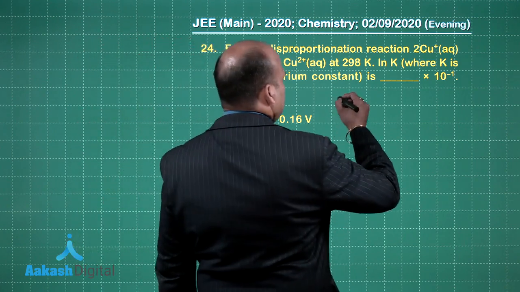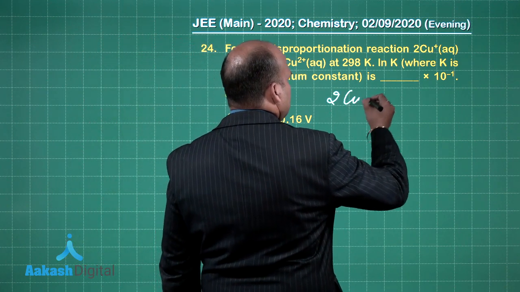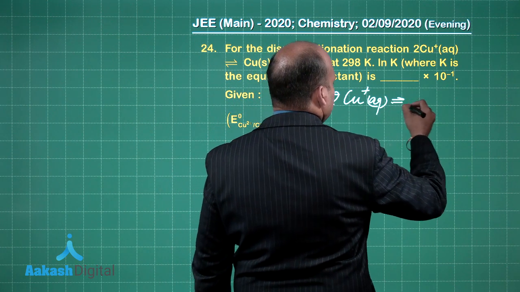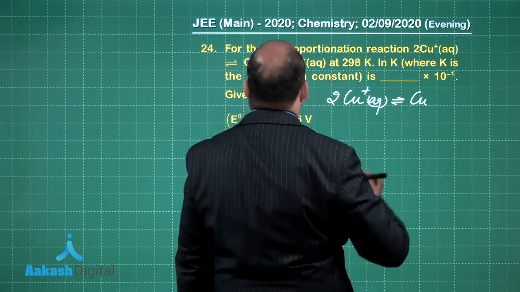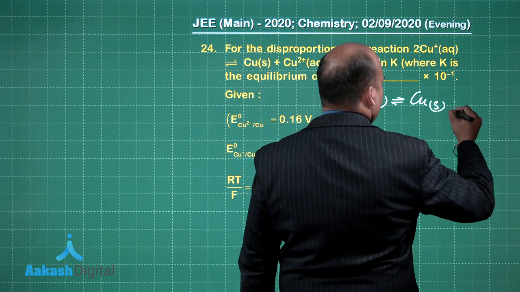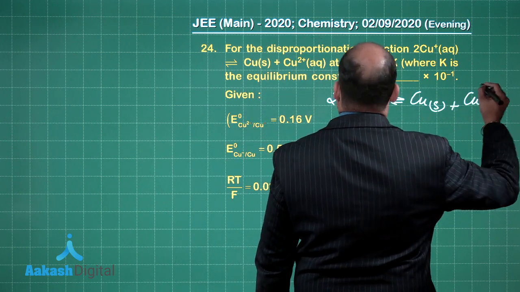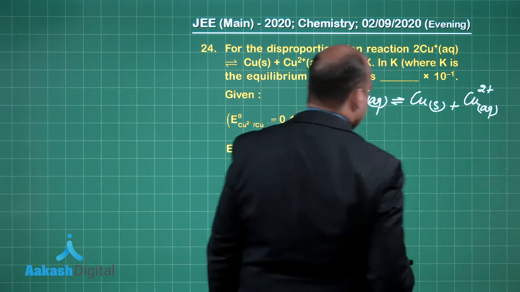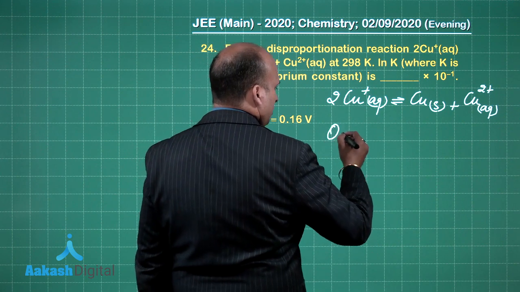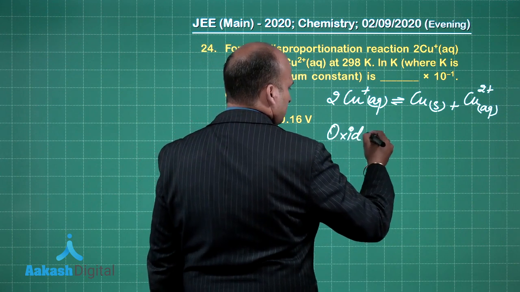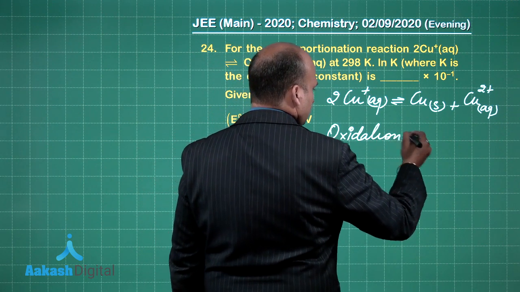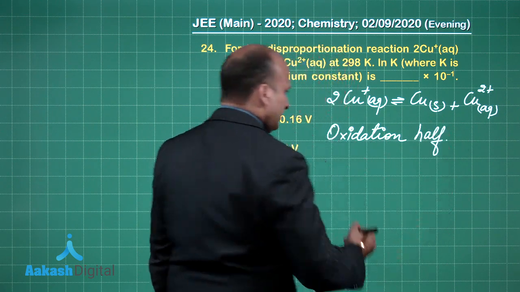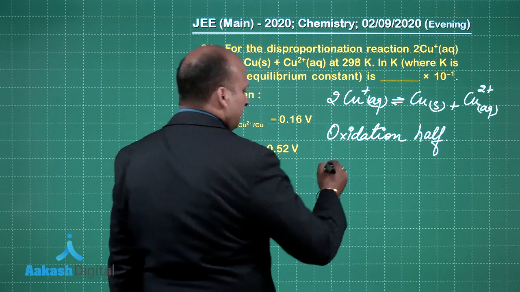First of all, dear friends, see this disproportionation reaction can be written as the oxidation half plus the reduction half, right? So, let me write it like that. First, let us talk about the oxidation half. In oxidation, what will happen?